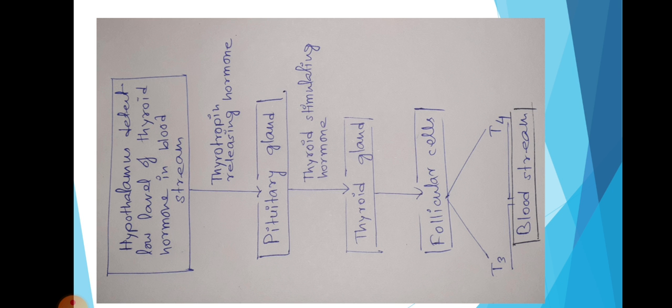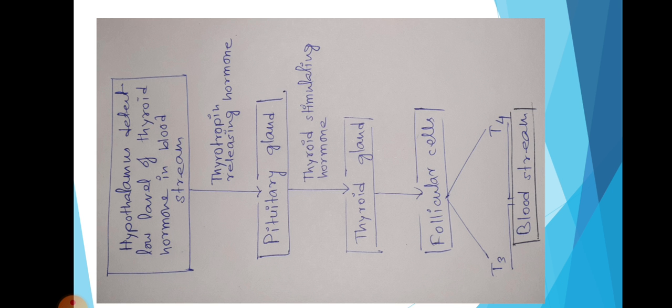This TRH activates the pituitary gland, and it secretes TSH, thyroid stimulating hormone. This TSH reaches the thyroid gland, which consists of thousands of follicular cells. So TSH binds with the TSH receptors of these follicular cells, and it regulates the production of thyroid hormone.